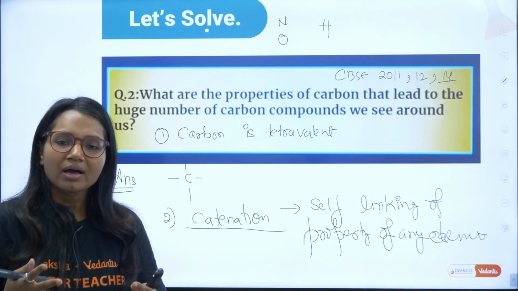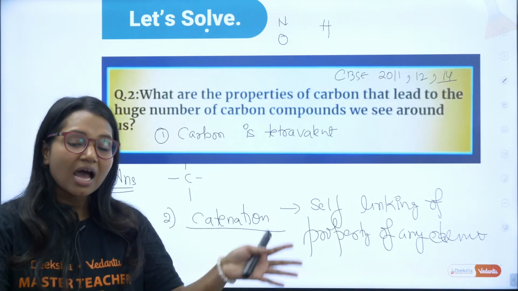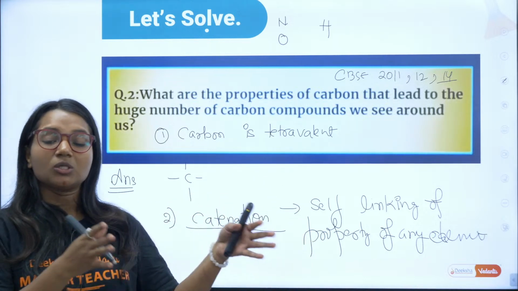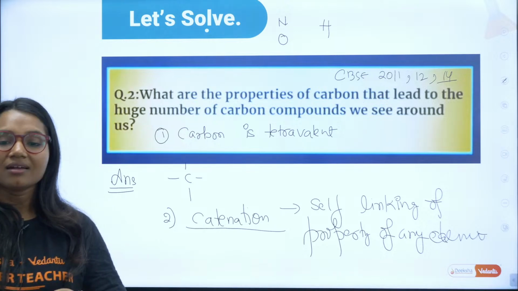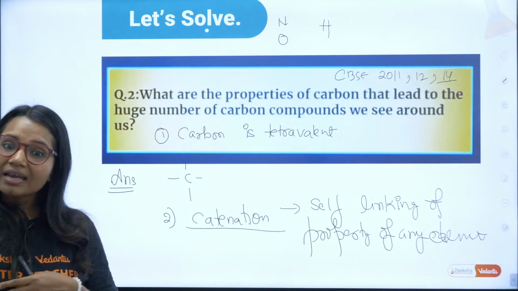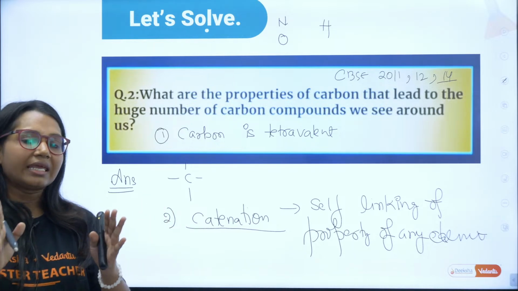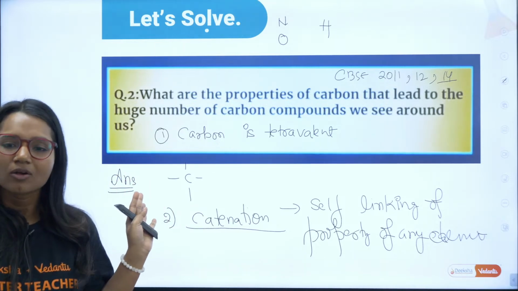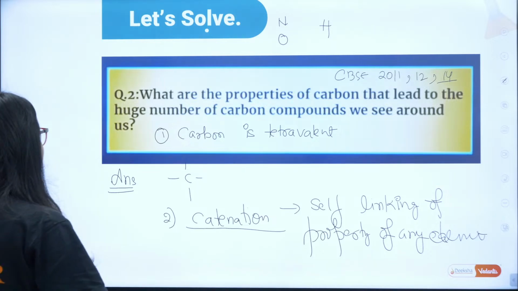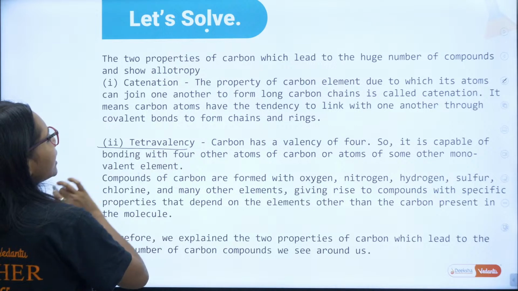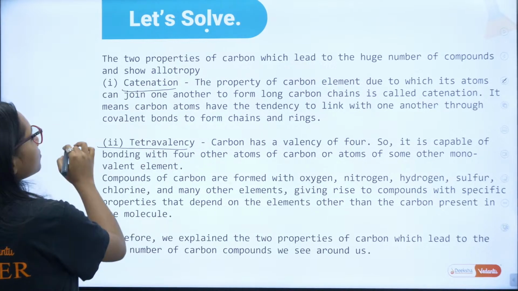The chemistry of carbon is so vast that you have a separate branch of chemistry to study carbon. That is organic chemistry. In organic chemistry you study mainly the hydrocarbons. So there are two properties, tetravalency and catenation.